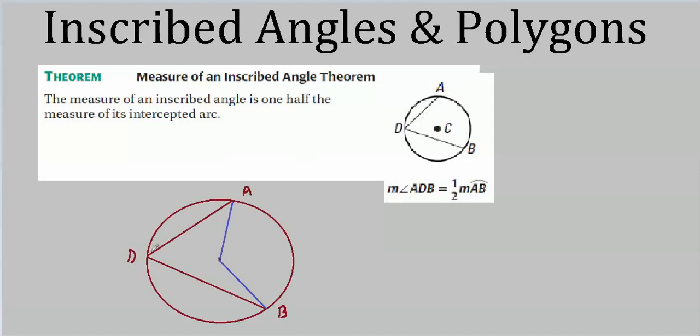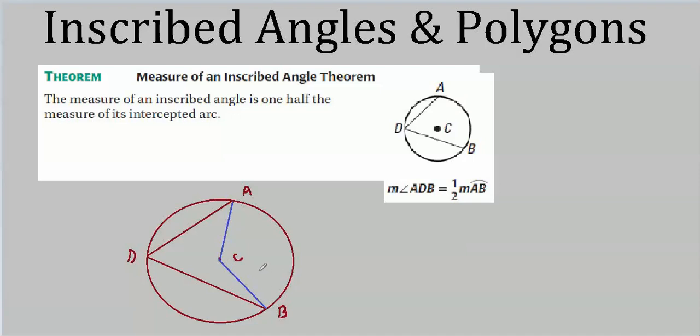So we have ADB here and well, this is the center of the circle, so let's call it C. Well, what this theorem says is that ACB is double ADB.